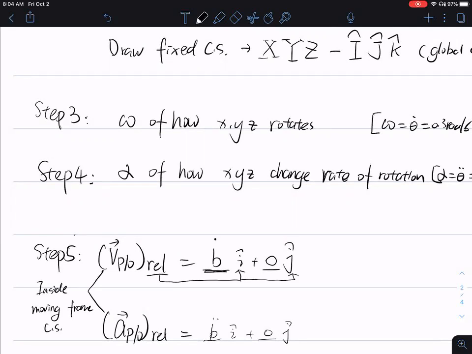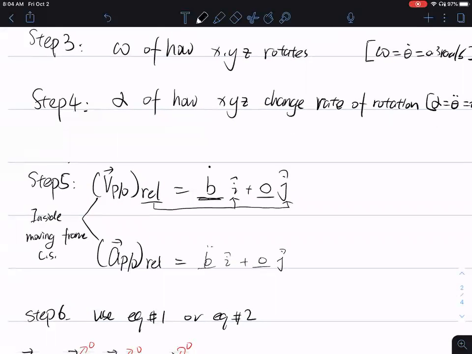And step 4 is to find alpha, which is the angular acceleration of your local coordinate system. Once again, local coordinate system is your moving frame coordinate system. They're the same thing. And step 5 is to find the relative velocity and relative acceleration inside of your local coordinate system.